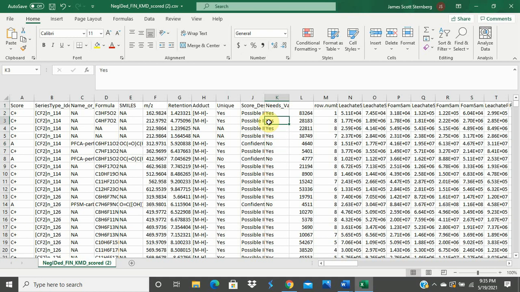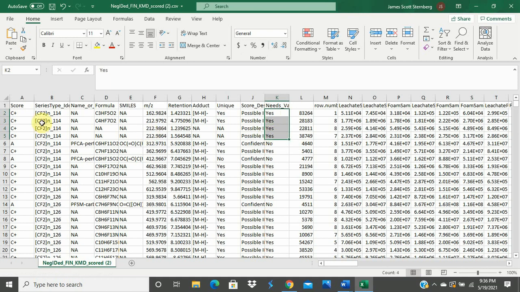You will need to further validate the ID of the class name or formula of the assigned feature, for example, using standards or by manually looking through the evidence. Looking here, you'll see that rows 2 through 5 all need validation. Their scores are C+, which isn't a confident ID.